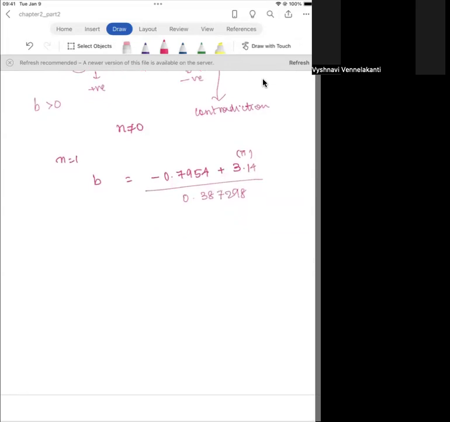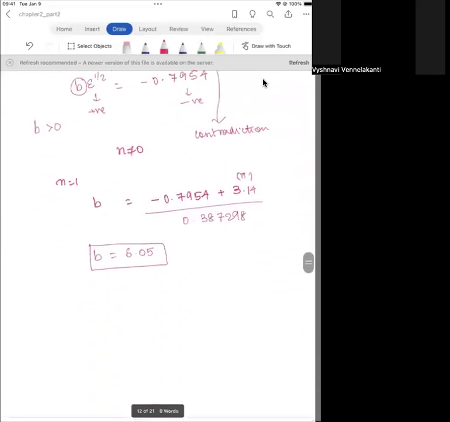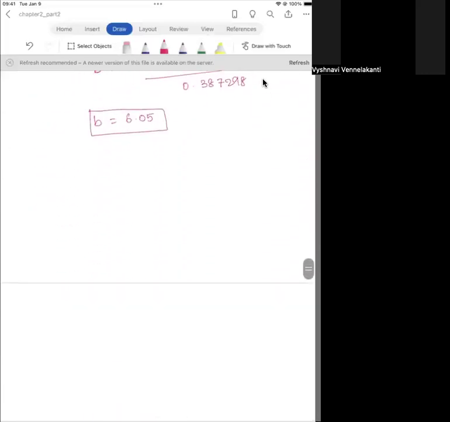So b is going to be 6.05, is what I get for the value of b. Okay, so now that we have b, let's try to compute L.